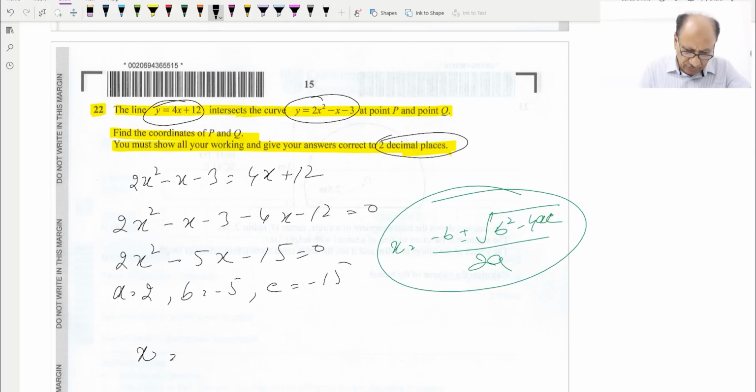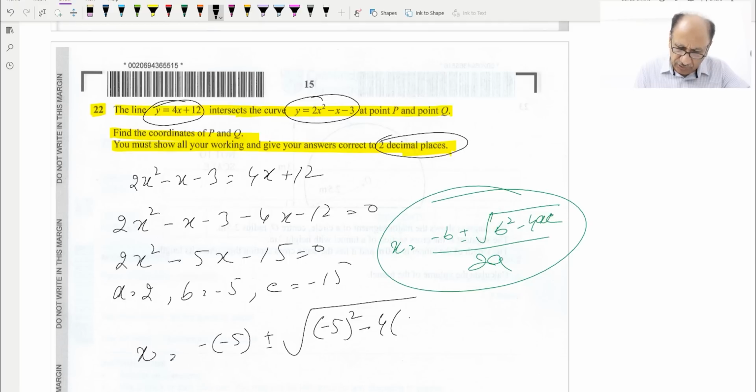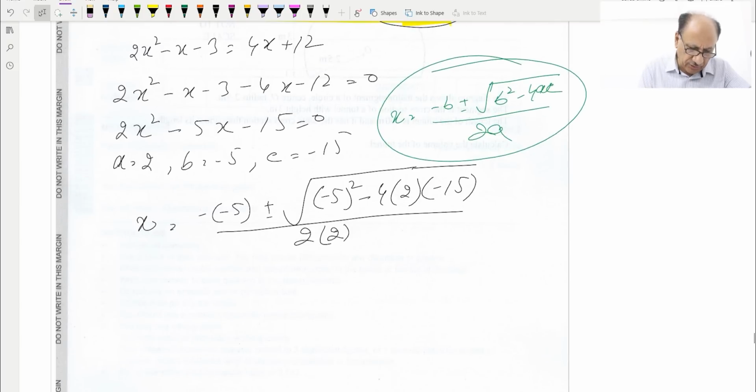So x will be equal to minus b plus minus square root of b square, always replace values in brackets, b square minus 4a and c over 2 into a. And now we can find the values.